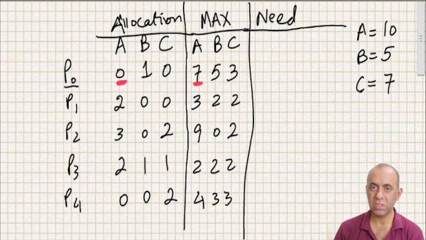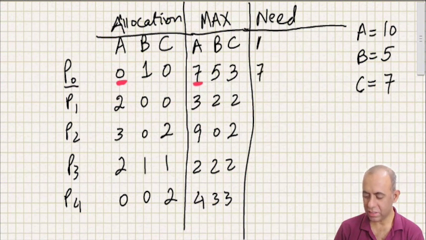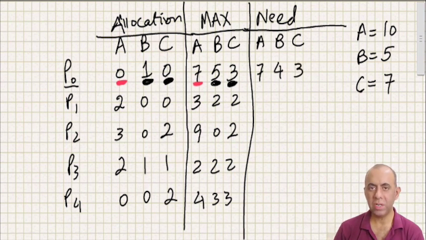So how much is its need? 7 minus 0. We do that for all of these pairs of max and allocation. So 7 minus 0 is 7, and again these are A, B, C, 3 types of resources, 5 minus 1 would be 4, 3 minus 0 would be 3. We repeat this for the whole matrix.